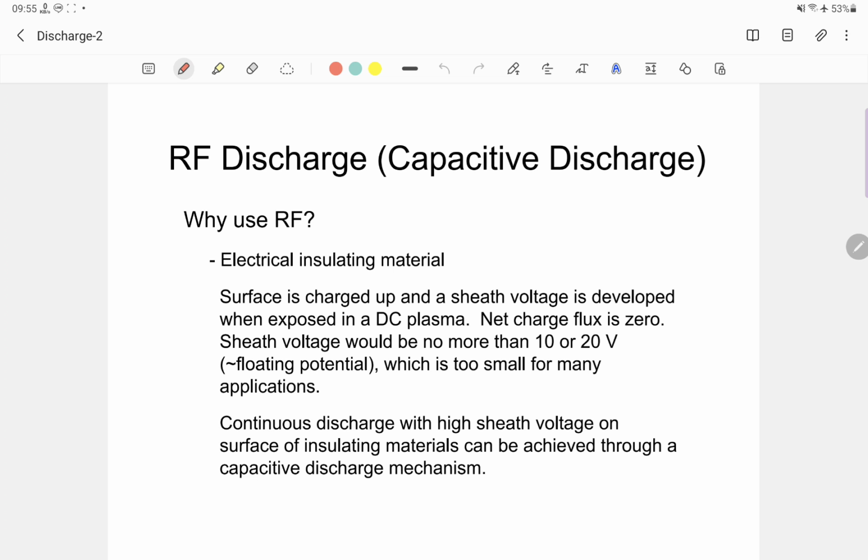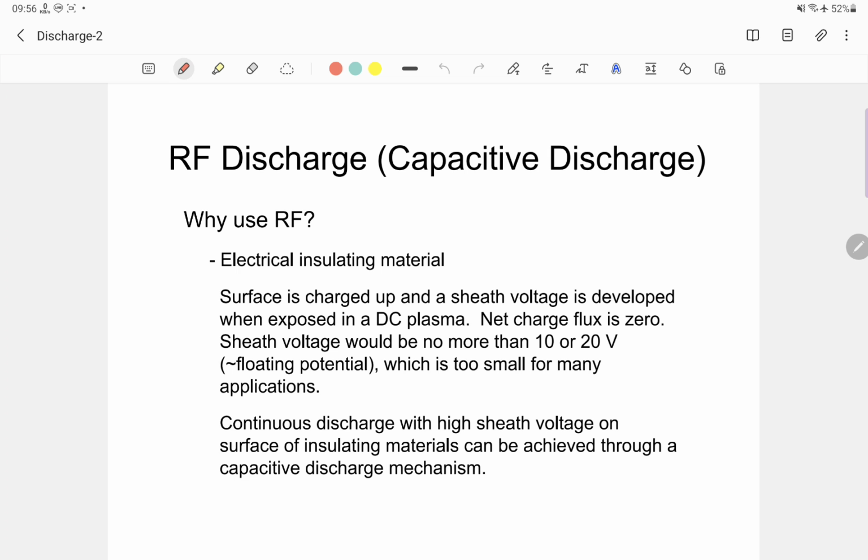But for electronic applications and for surface coatings and surface treatments, sometimes we don't like to have such a high temperature plasma. So in order to generate a low temperature plasma, one needs to use capacitive type glow discharge.